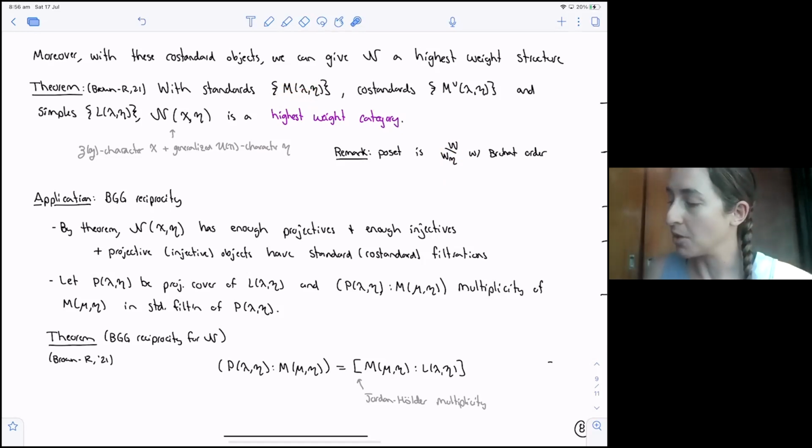And these two things are isomorphic exactly if the lambdas are in the W_eta orbit of each other. And so there are this many different standard objects and different simple objects and different costandard objects within one block of the category. And so then the poset is just the Bruhat order on longest coset representatives here. Yeah, good question.